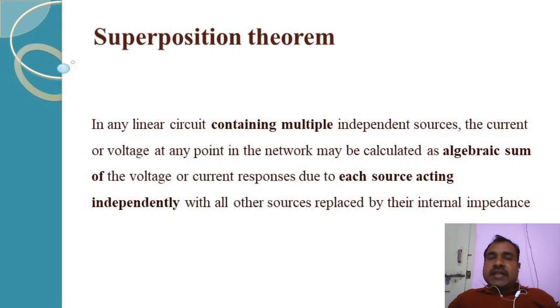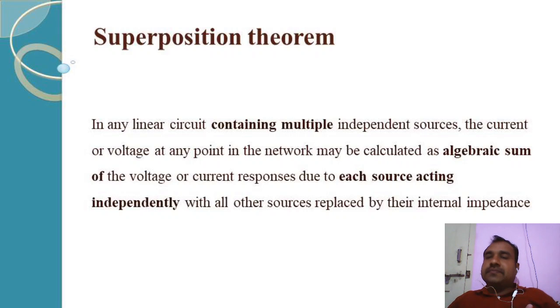It says that in any linear circuit containing multiple independent sources, the current or voltage at any point in the network can be calculated as the algebraic sum of the voltage or current responses due to each source acting alone, with all other sources replaced by their internal impedances.